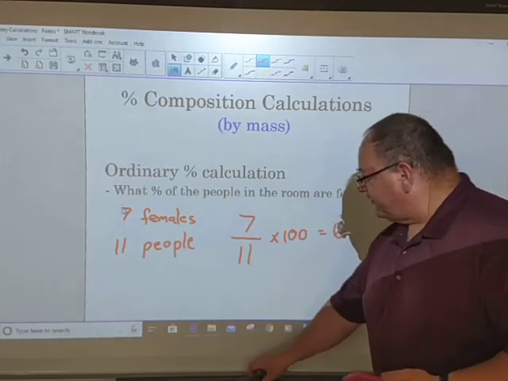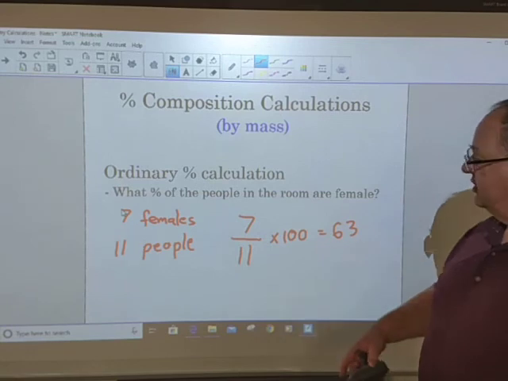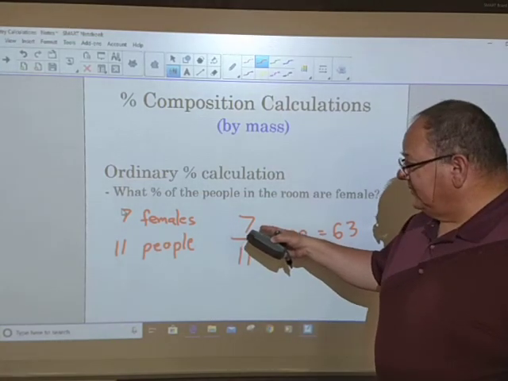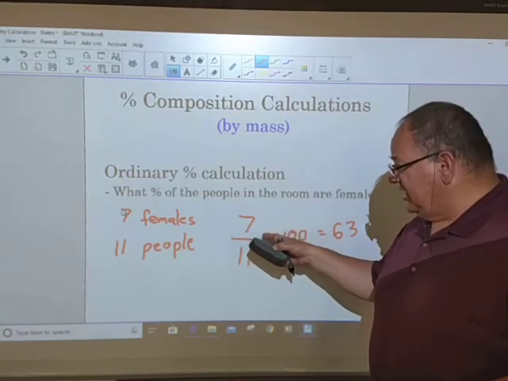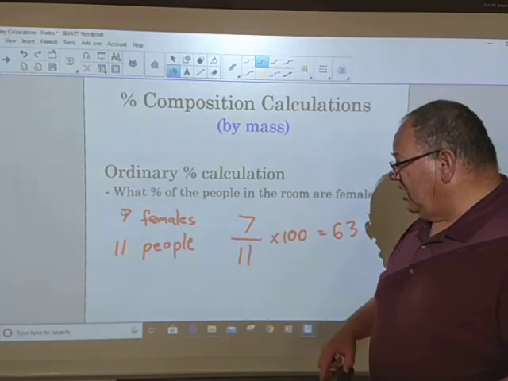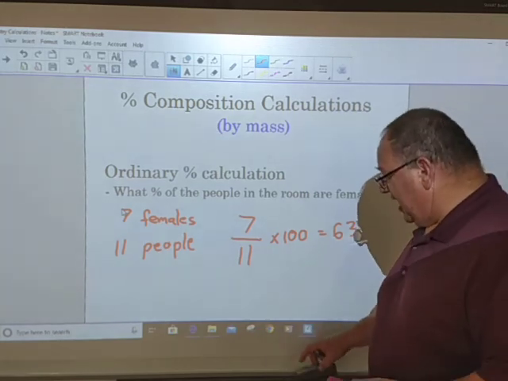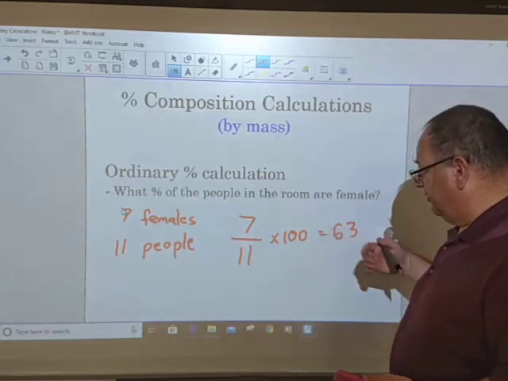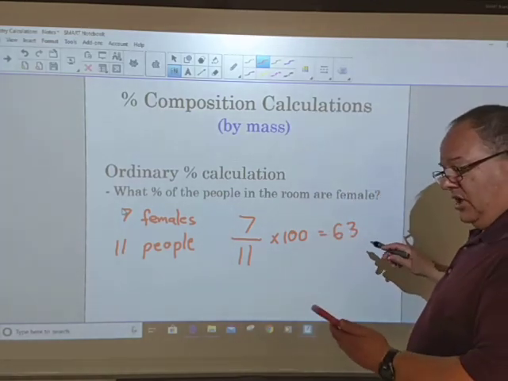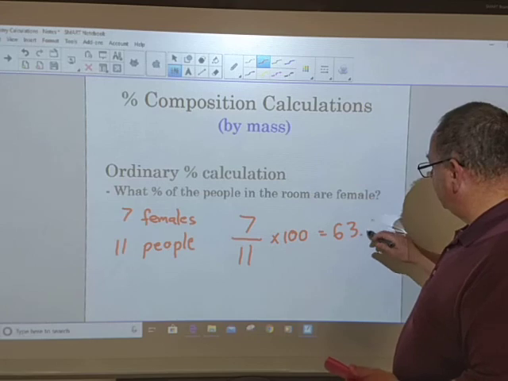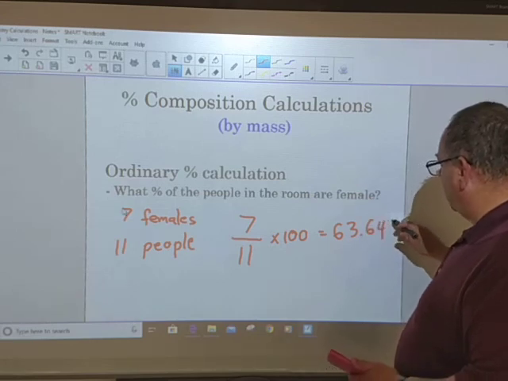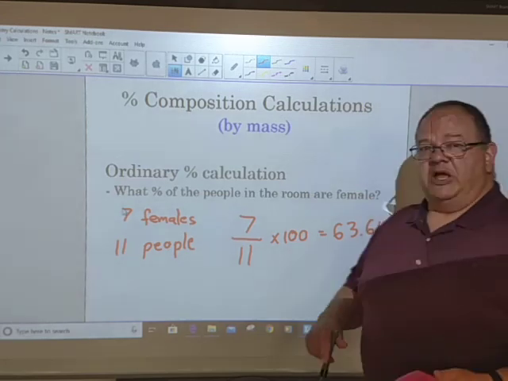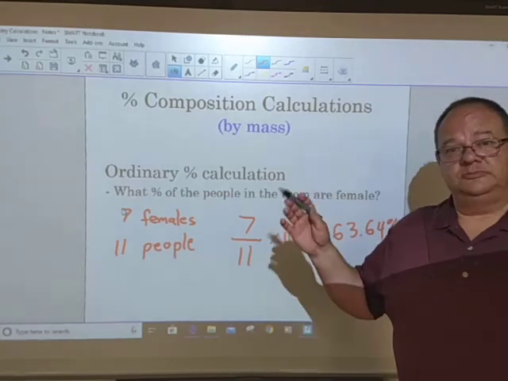Well, I guess if I didn't give very good sig figs. Actually, I can probably count 7 exact, and I can probably count 11 exact. So I really could keep a lot of sig figs for this. So I'll just go 63.64% female. Okay? All right.